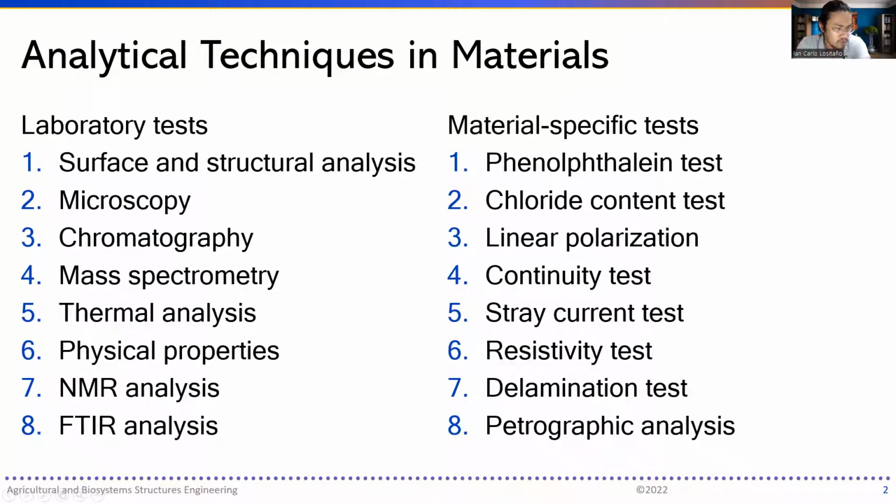We proceed first to the phenolphthalein test, which is to determine the depth of carbonation of the concrete. And then you have the chloride content test, which is to identify chloride corrosion. It is done for the metal of the concrete.